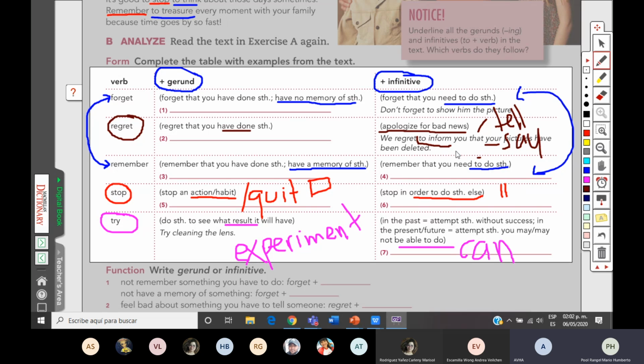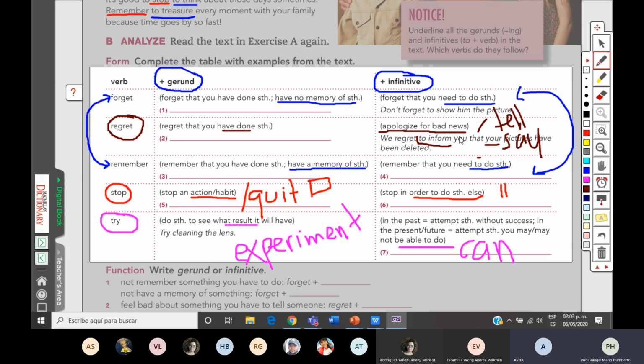Like, I regret to inform you that, y ya, lamentamos informarle que, lamento decirle que, entonces siempre va a ir ligado con una expresión de inform, tell, say, show, enseñar, lamento enseñarle esto, pero because you apologize, ¿sí? For some bad news that you're going to give.